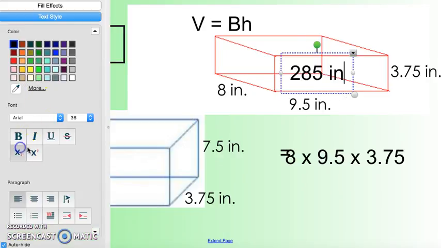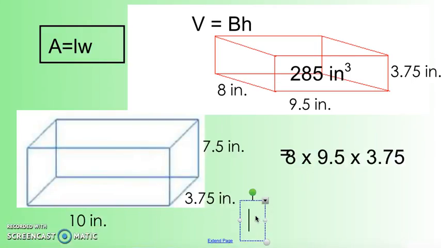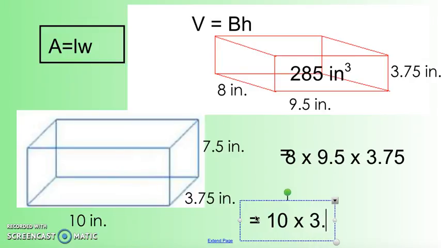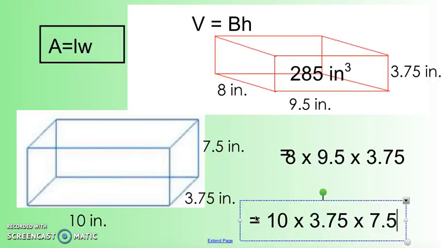How about the next one? What do you get when you multiply? First of all, our length and width is 10 times 3.75. And then we're going to multiply by the height, which is 7.5.